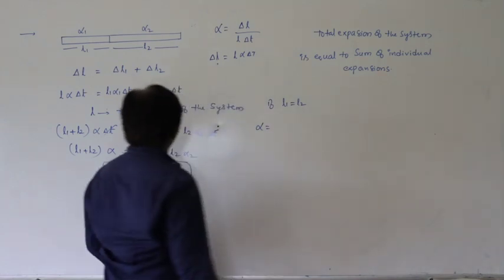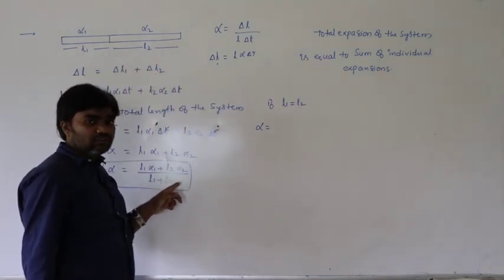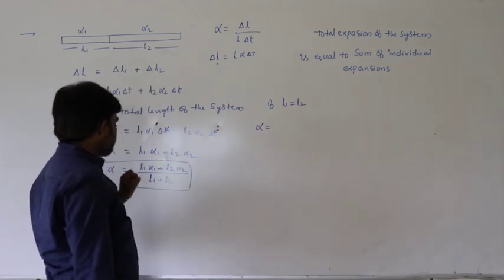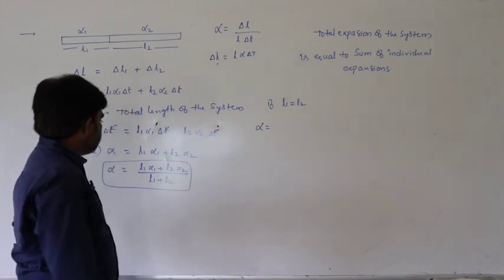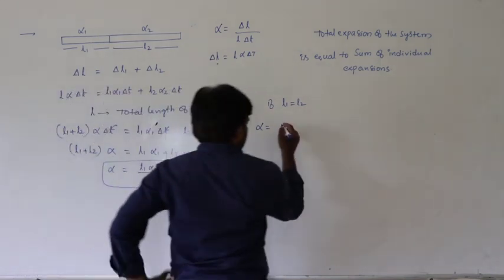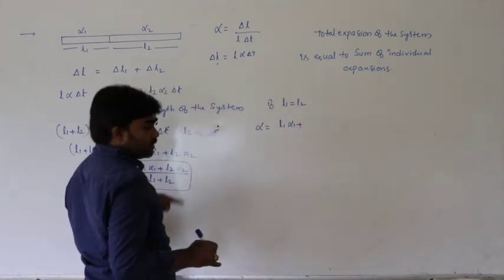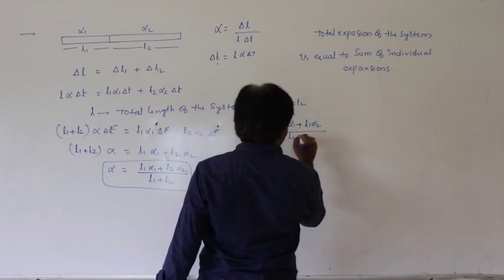is equal to... if both have the same length, then what we can do is, L1 is equal to L2. So, L1 alpha 1 plus, in place of L2 also I am substituting L1, L1 alpha 2, divided by L1 plus L1.